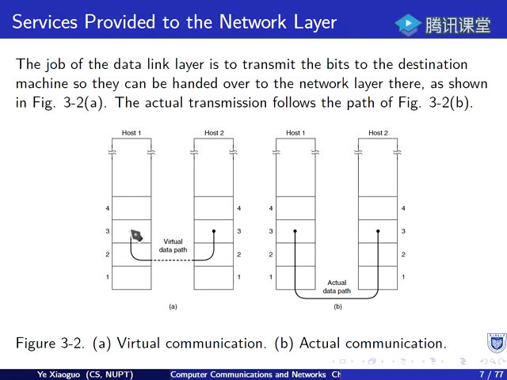In the view of the data link layer, the frame is transmitted to the peer entity of the data link layer of the receiving machine.